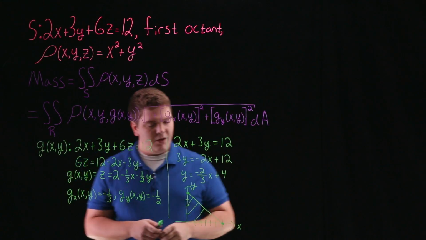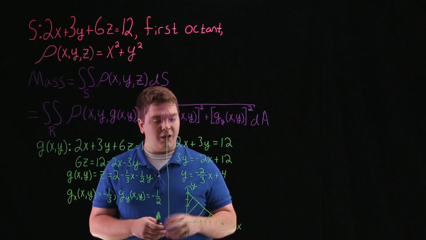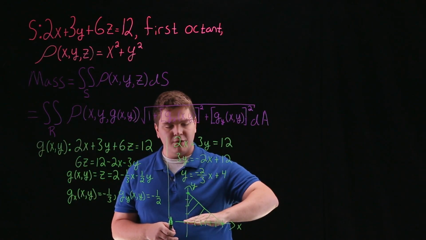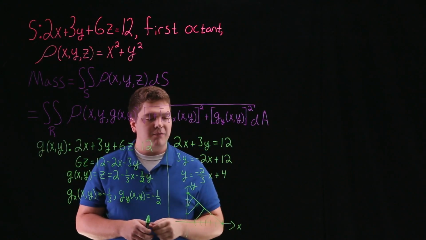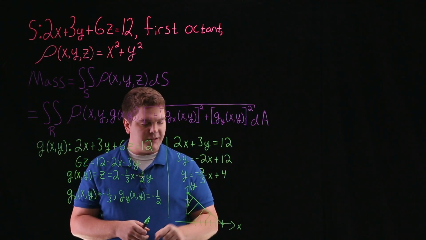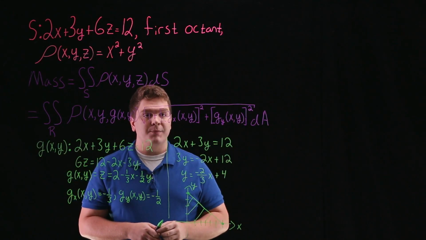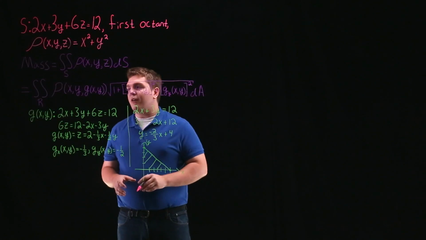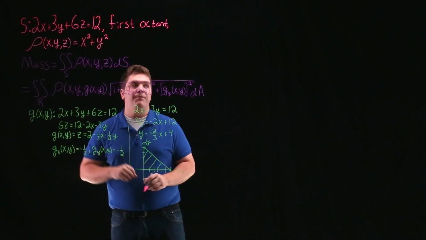So here, what we'd want to do is let y vary from y equals 0 up to y equals this line, negative 2/3 x plus 4. And we're going to let x vary from x equals 0 to x equals 6. So now we can go ahead and substitute everything in.